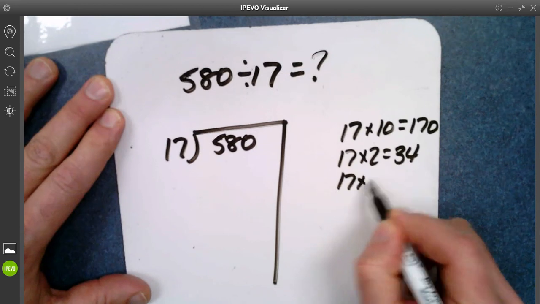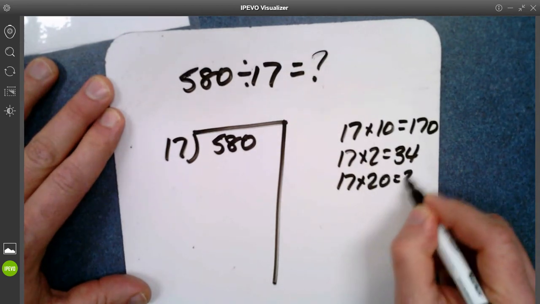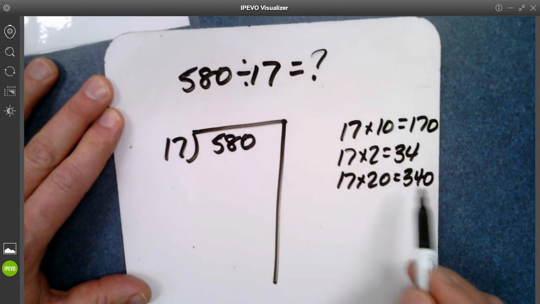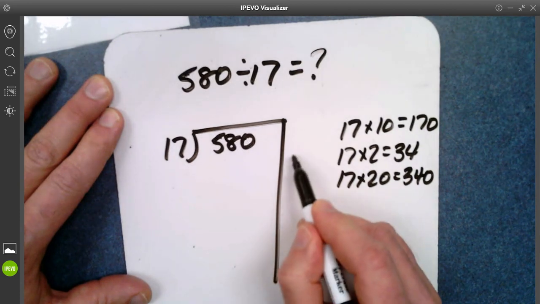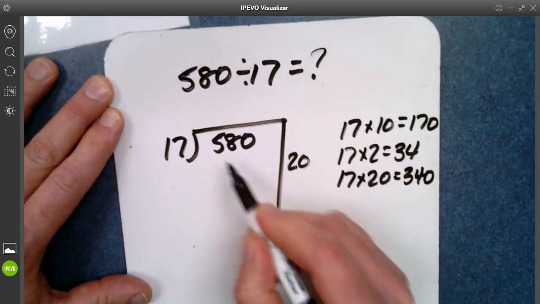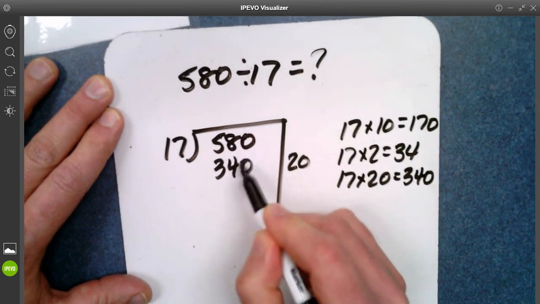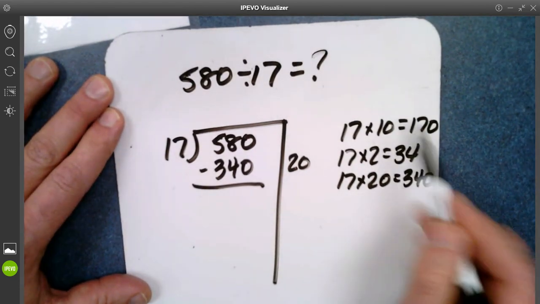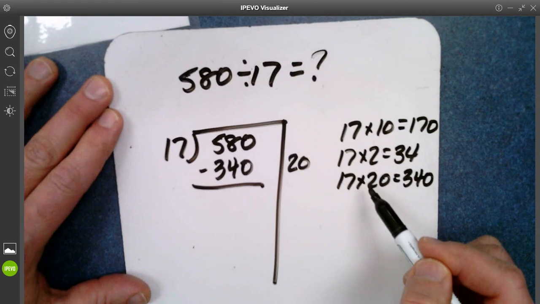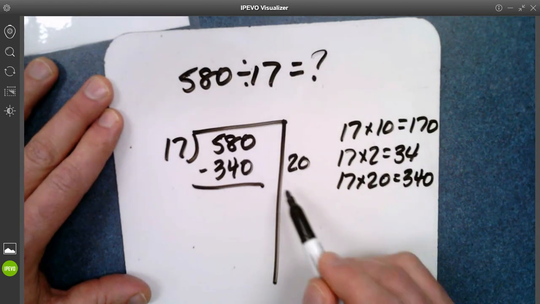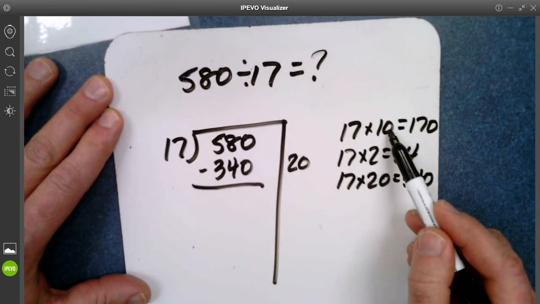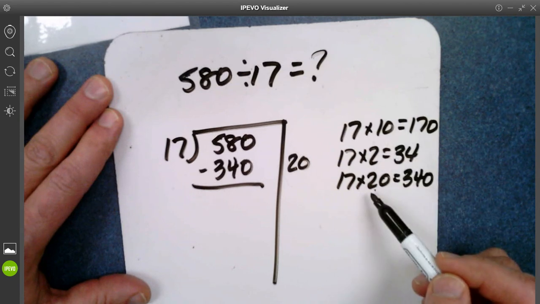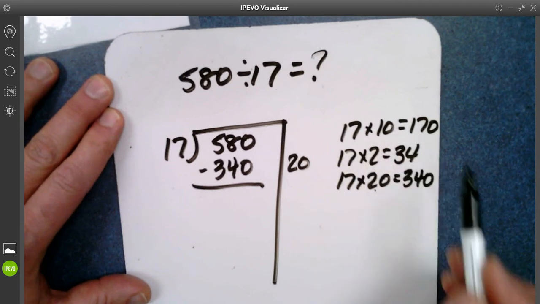So 17 times 20 is 340. That's closer. So I'm going to use 17 times 20, and I get 340. Okay, so we start by listing some basic facts here. When we multiply, choose one that's kind of close. And look again, we're making it easy for ourselves. You could have totally done 17 times 10.